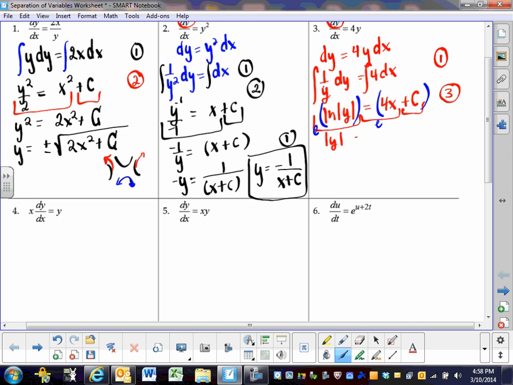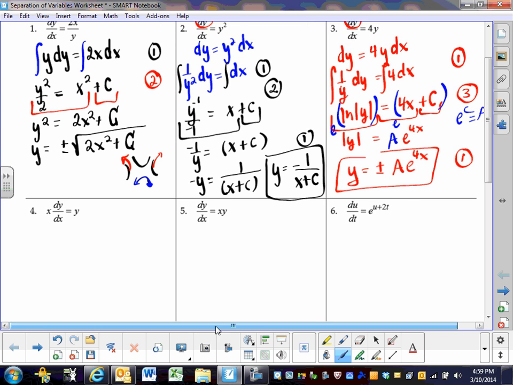Since it did have a natural log and wasn't just the power rule, we might get 2 points, 1 for each antiderivative, and then 1 for the plus c. So we could get 3 points for that line, which really is the only line in the whole thing that's calculus. Everything else is algebra. So the absolute value of y, if I raise both sides to the e, remember has to take the entire side. So the natural log of y cancels to become just absolute value of y.